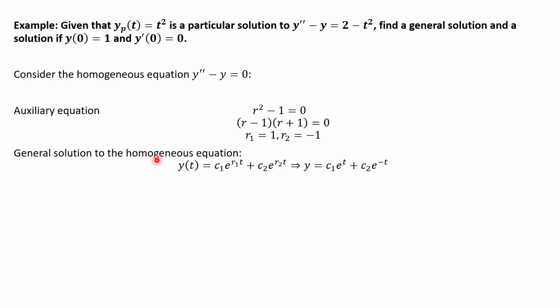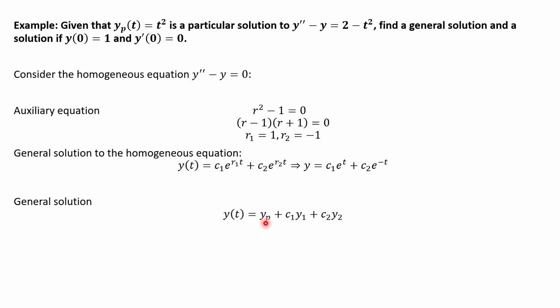But that's to our homogeneous equation. Okay, so we're going to go a little further. And so the general solution to this non-homogeneous equation, this is what we just talked about. We said that a general solution would be y equals the particular solution plus the solution to the homogeneous equation.